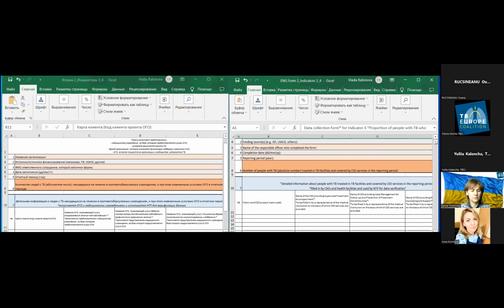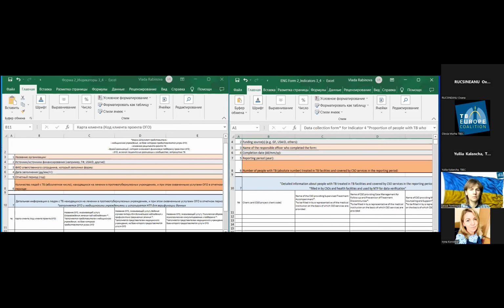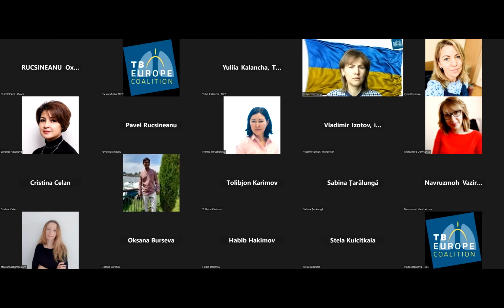This is quite straightforward, understandable, and it doesn't take a lot of time, because filling in this table shouldn't be a problem. It is not that burdensome, and it is quite easy to use. And here we wrap up the review of indicator number 4, but we do not stop our work here. Let's switch to the next slide.